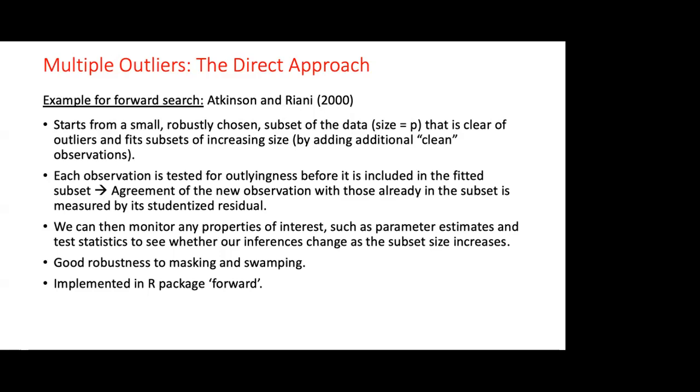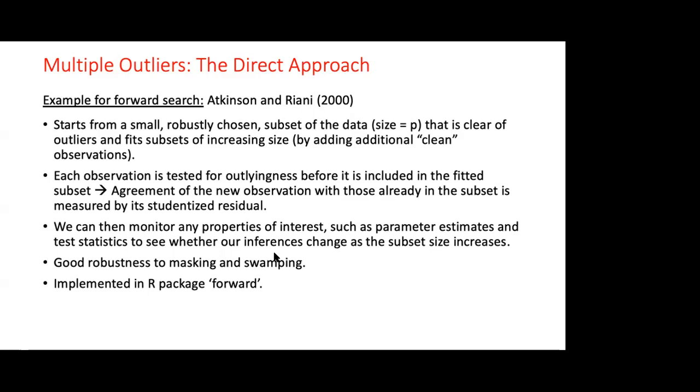And then they also monitor other properties, such as the overall parameter estimates, how much they're changing by adding this particular case, and whether the inferences change as the subset size increases. This method has in general good robustness to both masking and swamping, and it's implemented in the R package forward. So that is something that you can use. There are actually quite a few R packages for robust regression, and a few for forward search that implement different algorithms.